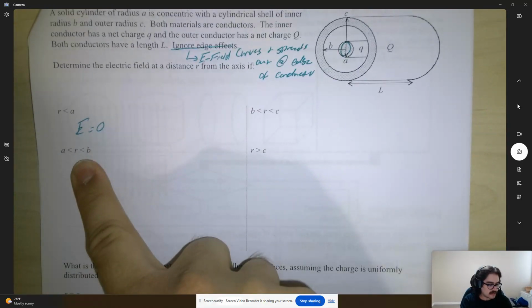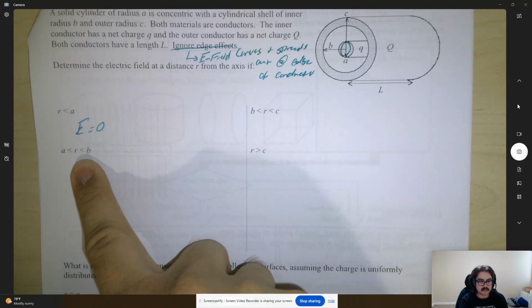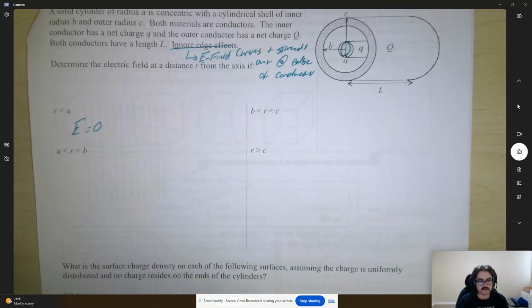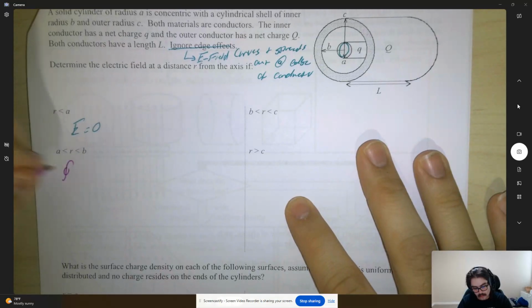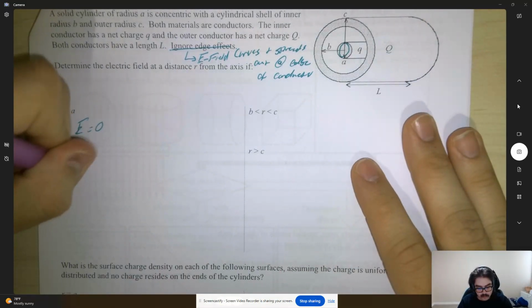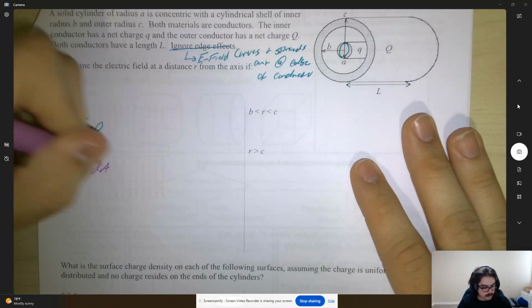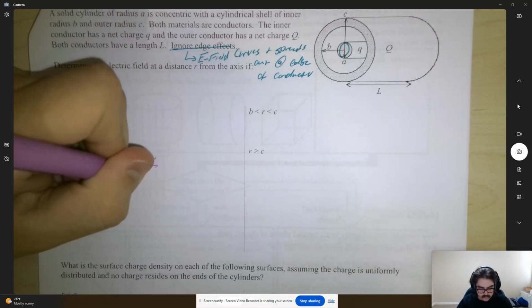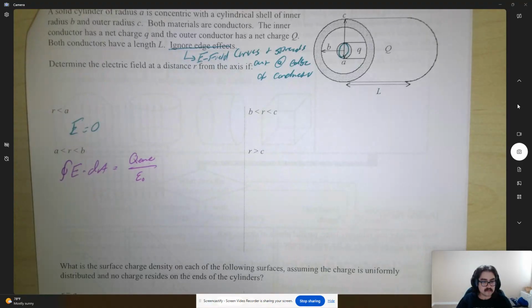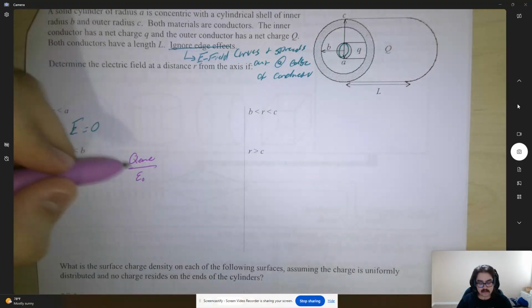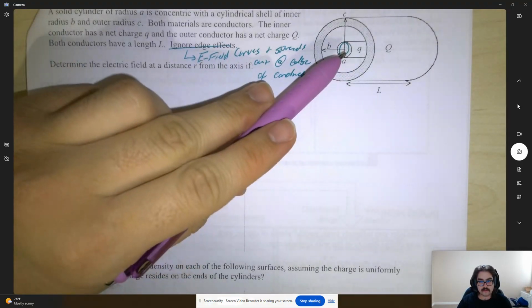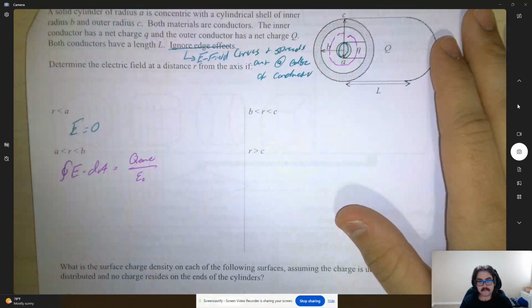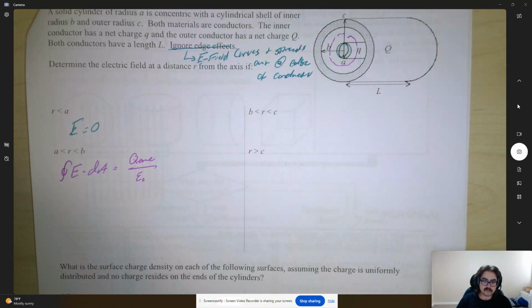If A is less than r is less than B, then you would have to set up your surface integral, and it's going to look just like the wire: E dot dA equals Q enclosed over epsilon naught. But instead your Q enclosed is just little q, because you're enclosing just the little cylinder.